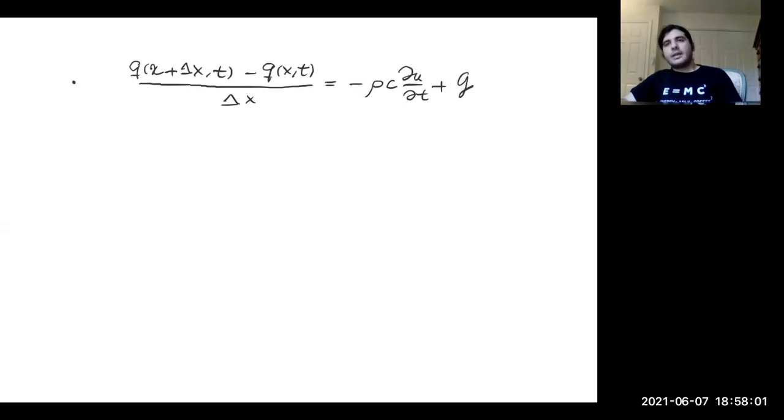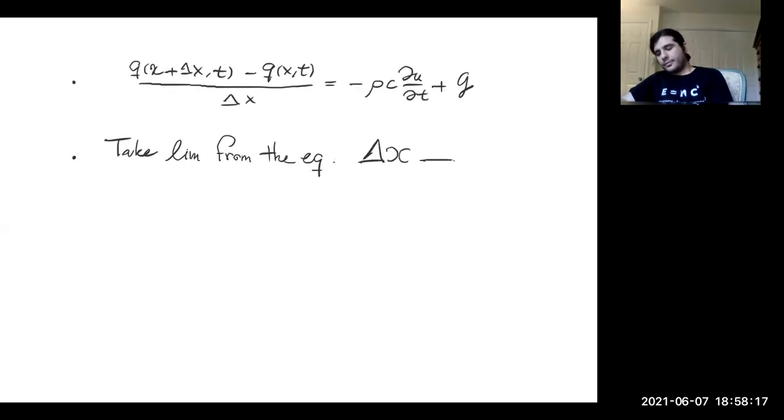Now we can take limits from both sides of the equation, and send delta x to 0. The interesting thing here is that the right-hand side is independent of delta x.